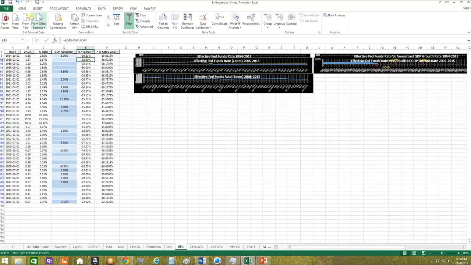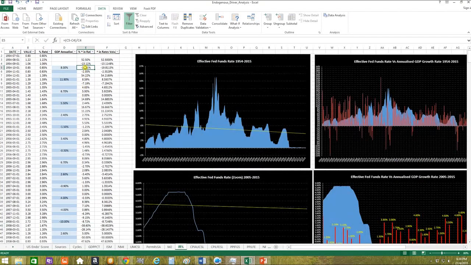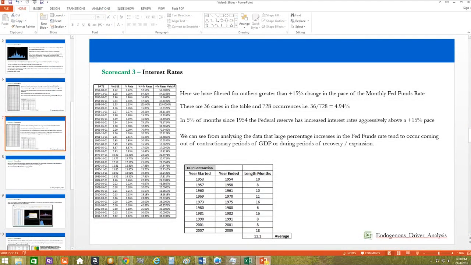You can repeat that process for the positive outliers as well. You can also look at different parameters, so you don't just have to look at minus and plus 15%. You can look at the other parameters as well and find out what a normal situation is and what an abnormal situation is. Well, we've looked at the abnormal, so you can play around with the data in your spare time. You now know how to analyze this properly.